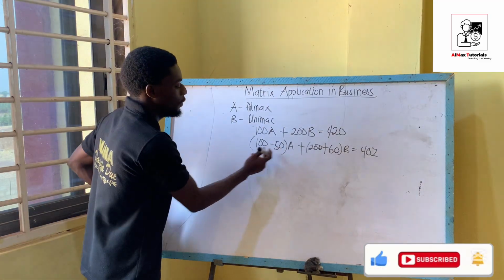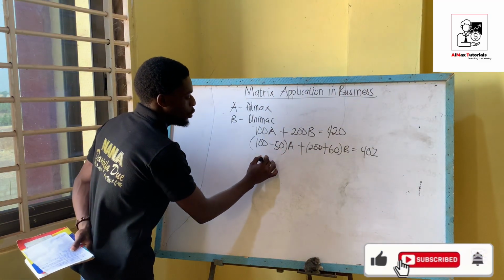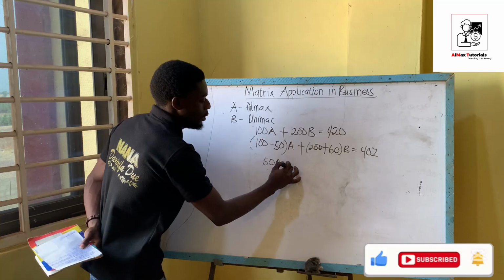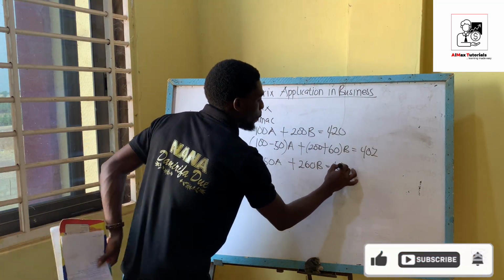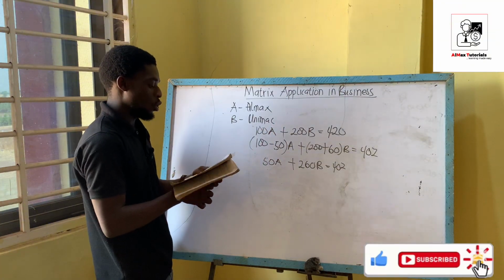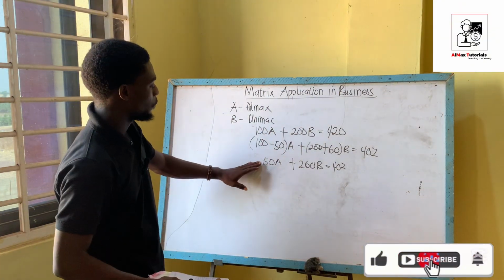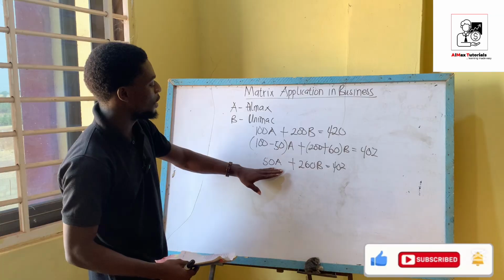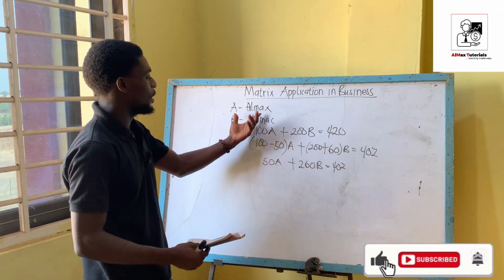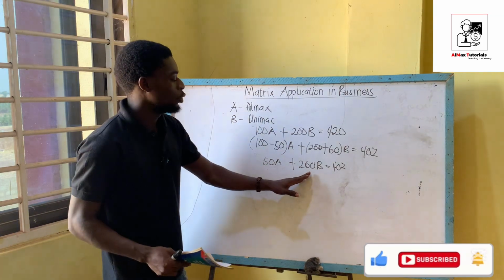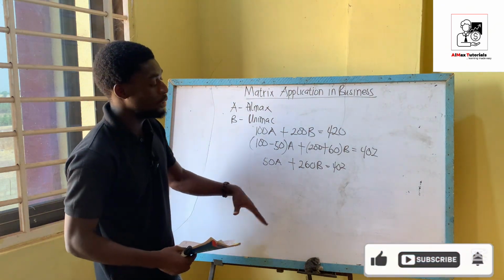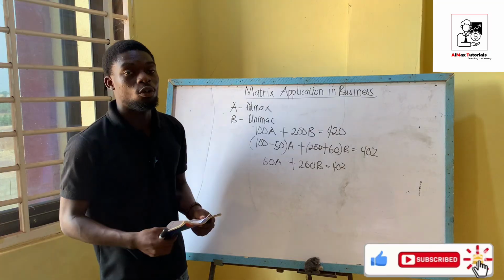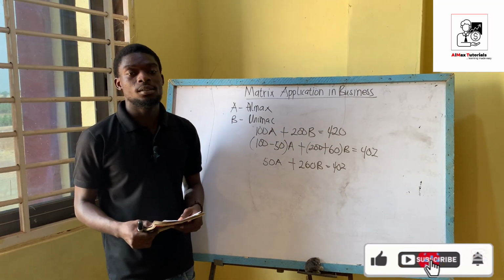If you subtract 50 from 100, we are going to get 50A, then 260B. So our second equation gives us 50 shares of Armax Telecommunication Company, then 260 shares of Unimac Telecommunication Company, which gives us a combined market value of $402.